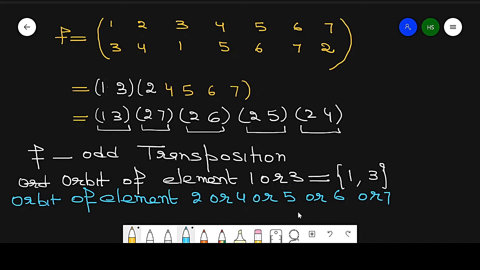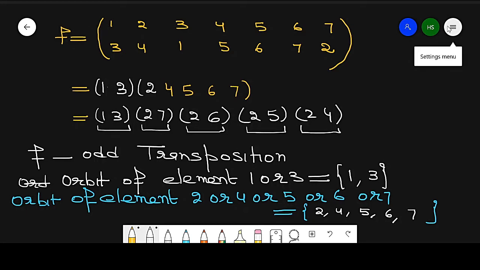This is a set of elements 2, 4, 5, 6, 7. So the second name of orbit is also called a class, right?